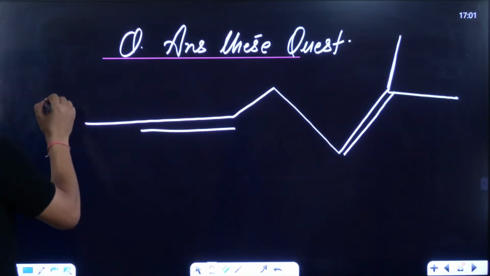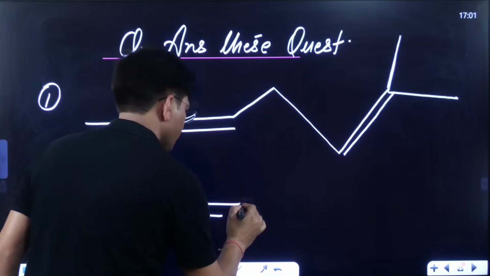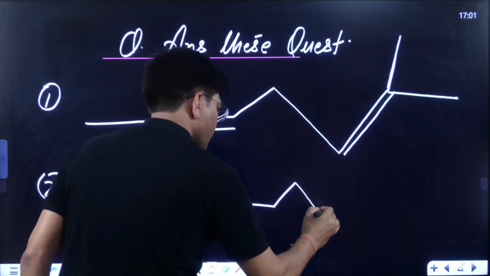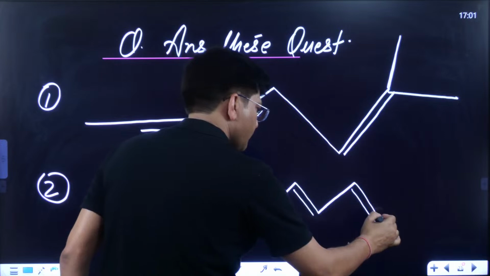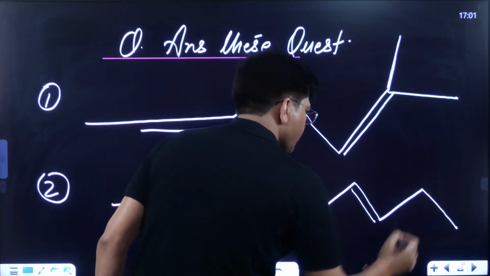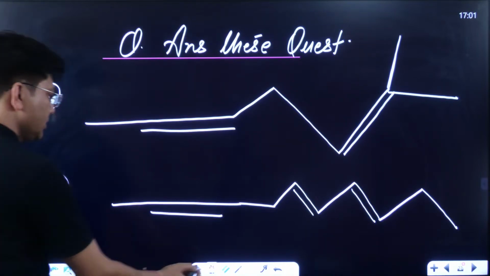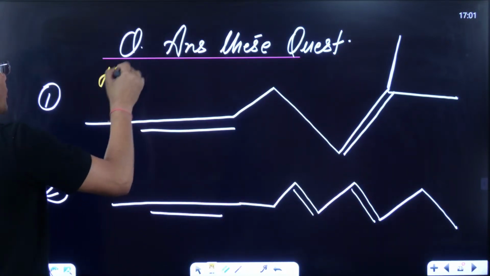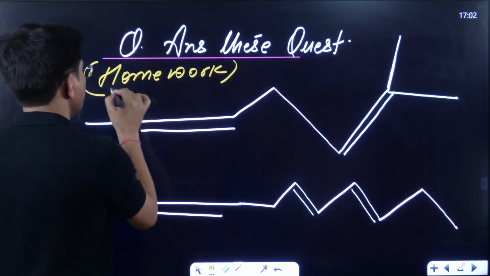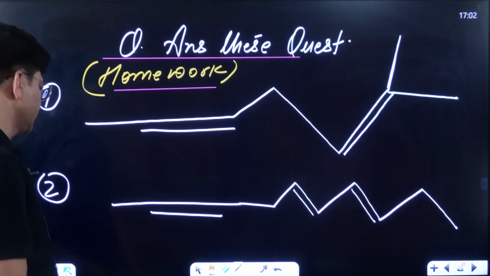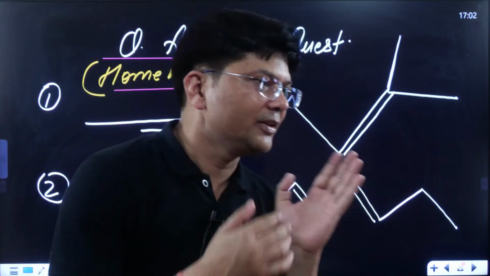This is the first compound, and here is the second compound. These are the two compounds for your homework. Just like in your school, you used to get homework, here also you got homework. So find out the answer and write down in the chat section Avenger HSP Baba and then the answer.